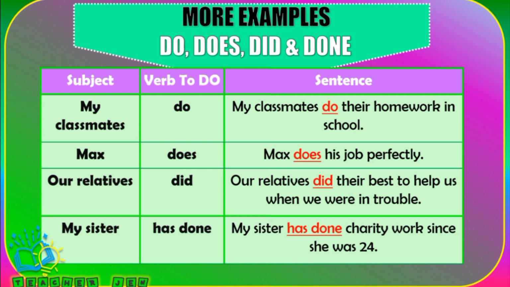In this example, our subject is my sister. Here, we need to first see whether the subject is singular or plural, so that we can decide whether to use has or have. And since the subject my sister is singular, we must use has plus done.